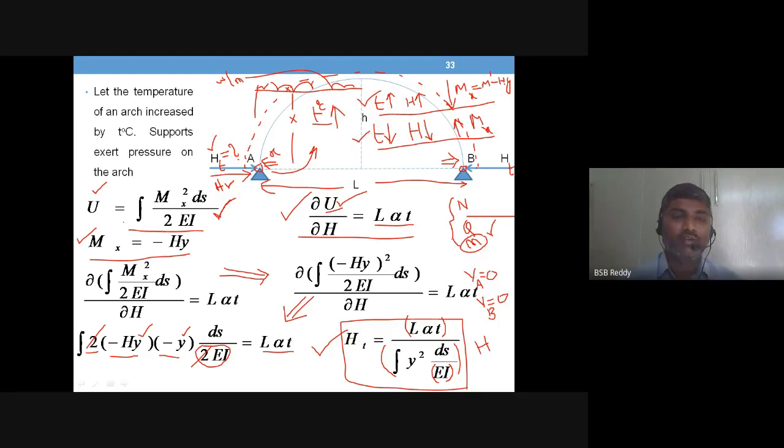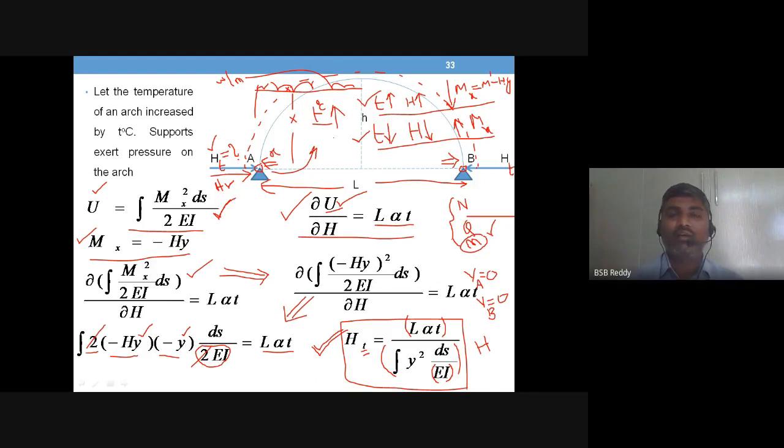Right. So we substituted for U, then simplified, differentiation sent inside, and then finally you have this final expression: H because of temperature change is equal to L alpha T divided by integral y square ds by EI. So you can find the H value separately from loads and separately from temperature change, and accordingly you should add or deduct.